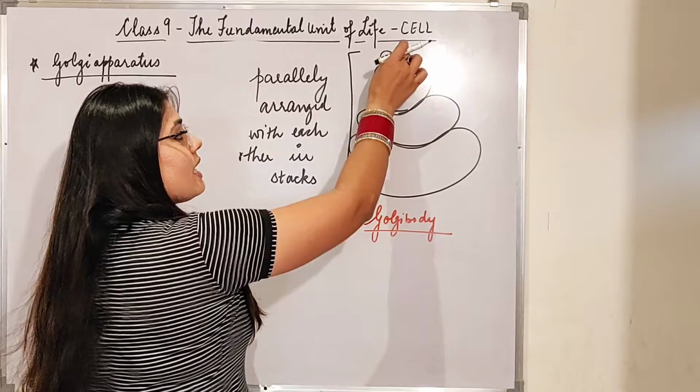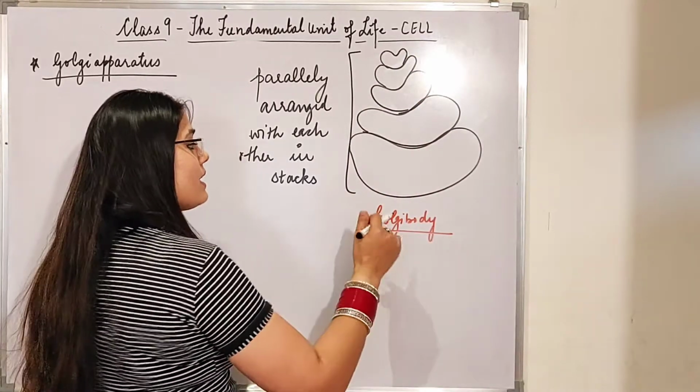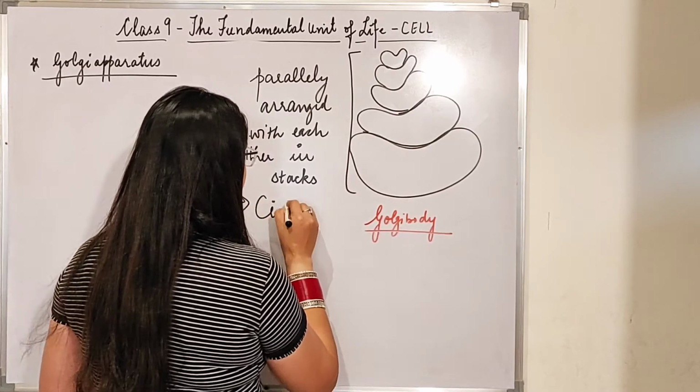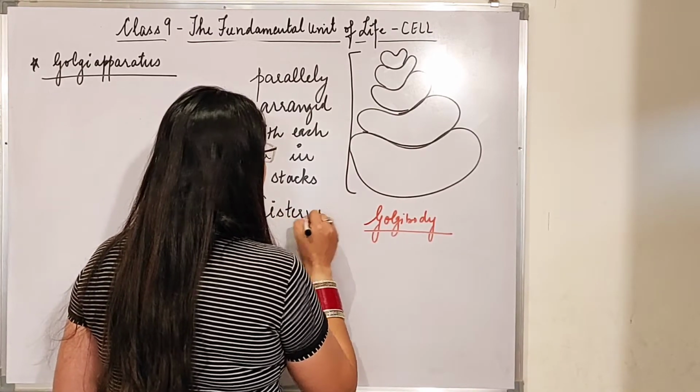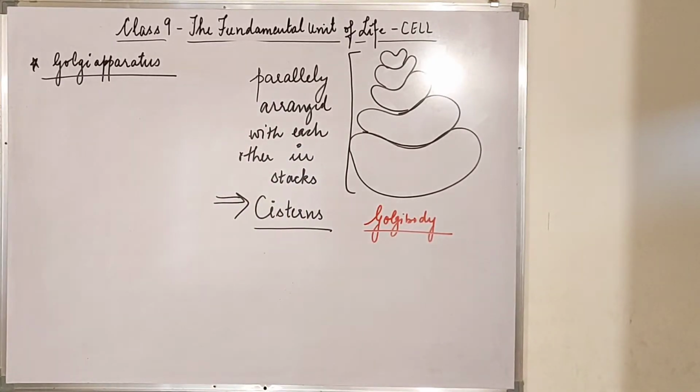Okay, beta, these are parallelly arranged with each other. They are known as stacks and they are called cisterns.